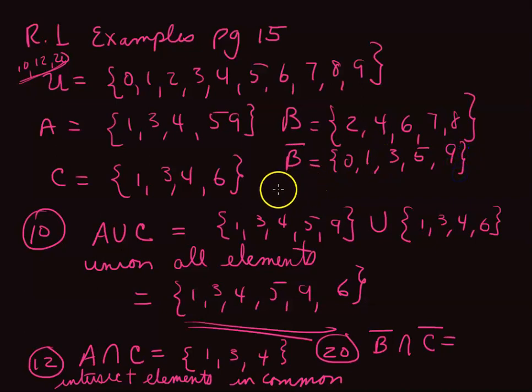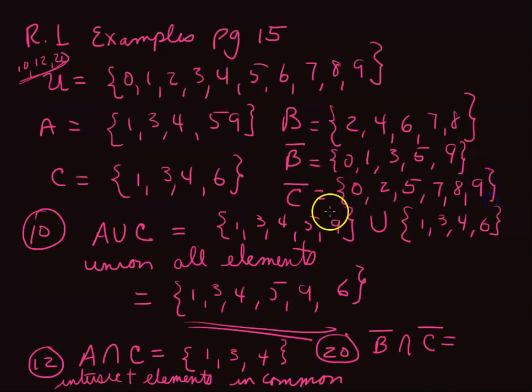That's B complement. How about C complement? Let's see, I need the 0, and I don't need the 1, but I do need the 2. The 3 is in C, the 4 is in C, and I need the 5. The 6 is in C, but 7, 8, and 9 are not.